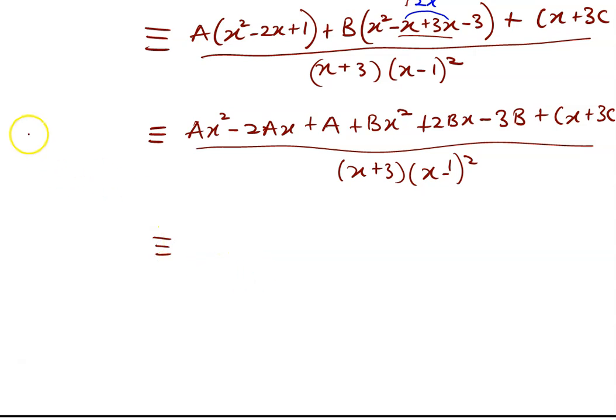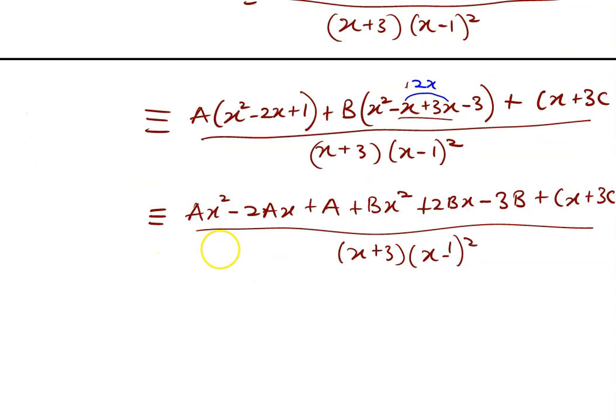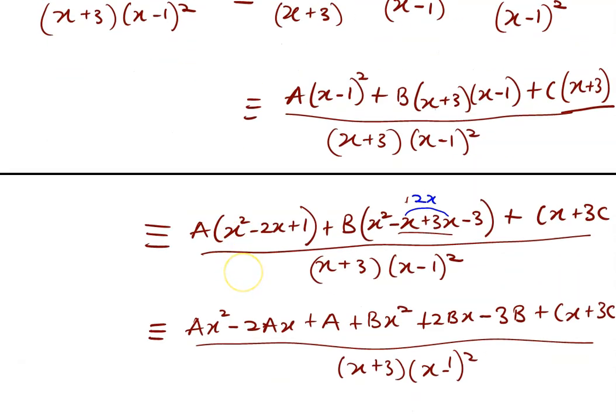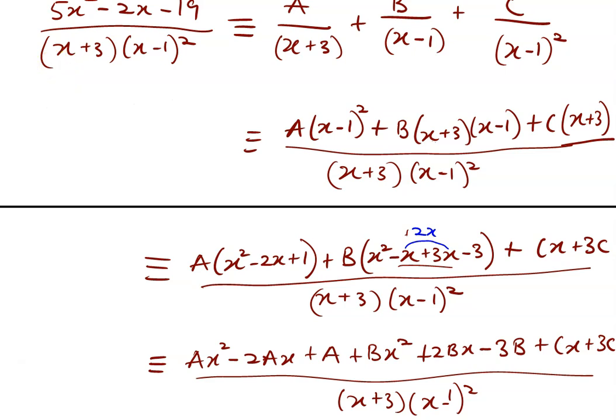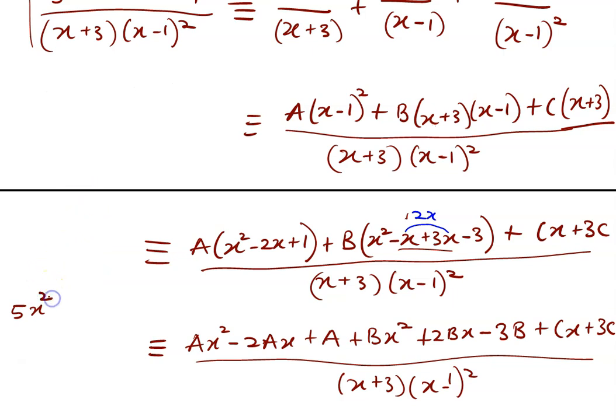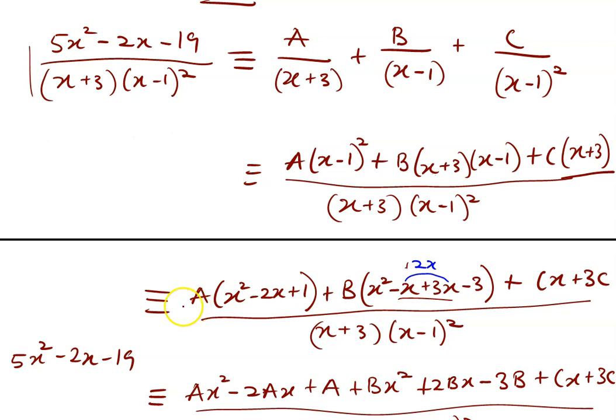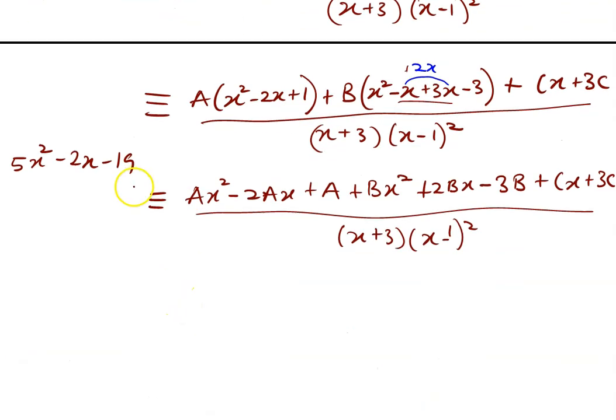So with this, I can group terms. Or even let me just compare straight away before grouping the terms. Else it's going to be so complicated. So with this side, let me repeat this expression over here. So I have 5x squared minus 2x minus 19, all divided by x plus 3, then x minus 1 squared.